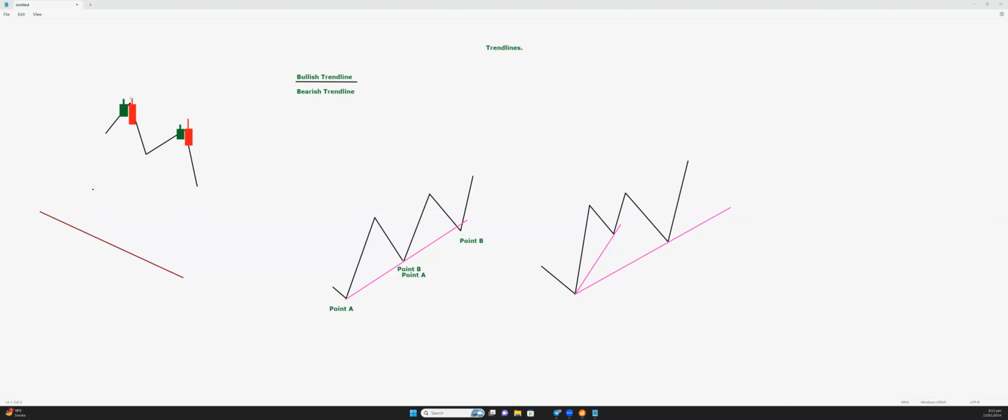We can take point A from the higher wick and put point B at the higher wick, higher to higher wick. And the best way is what? When you pick a higher wick for point A, you must select the lower wick for the B point.